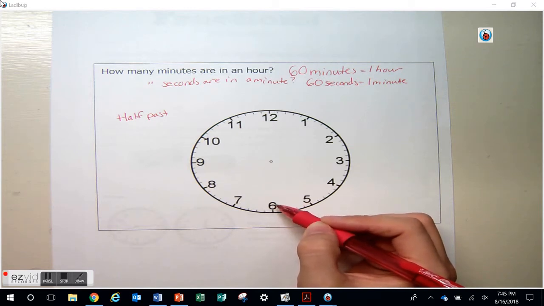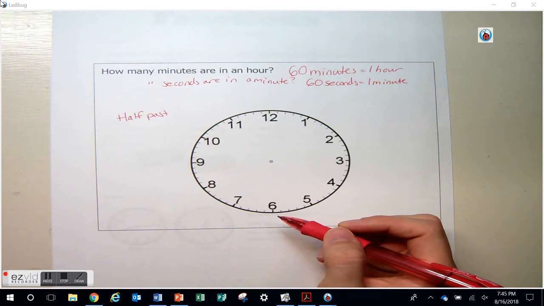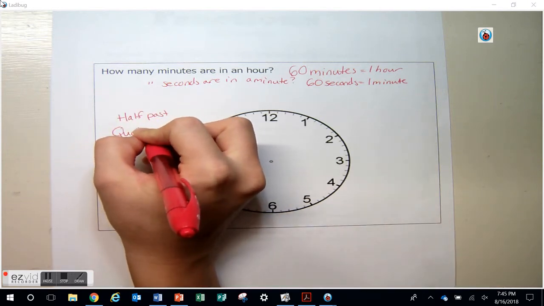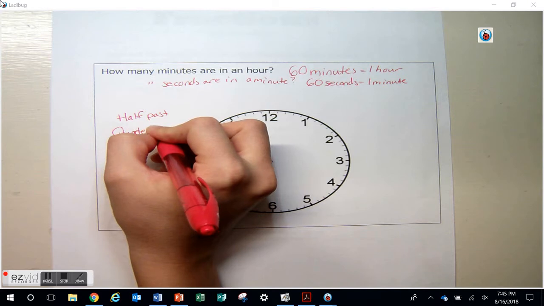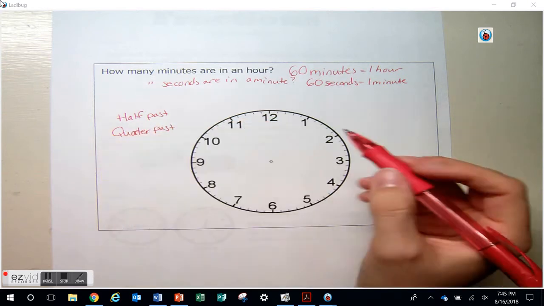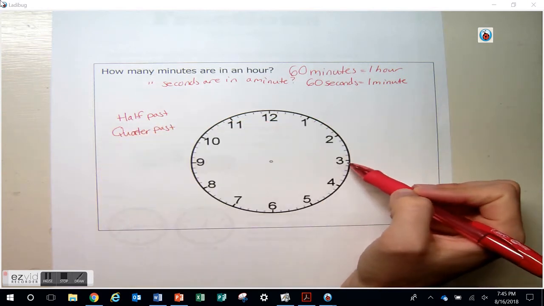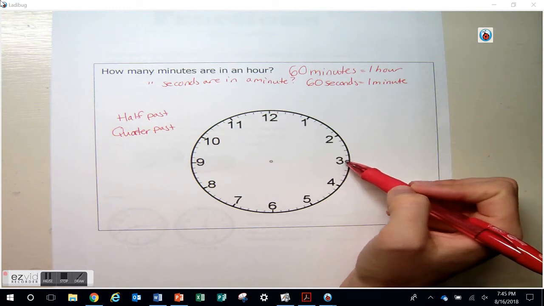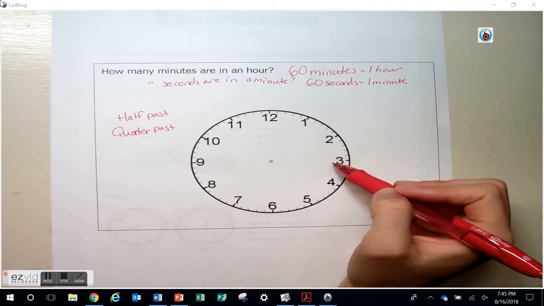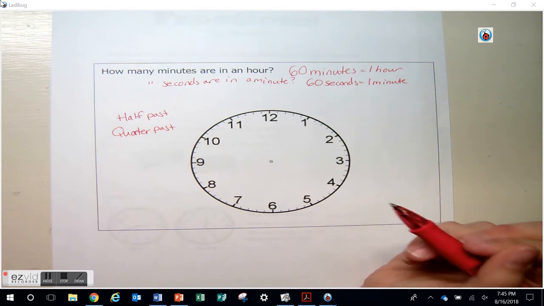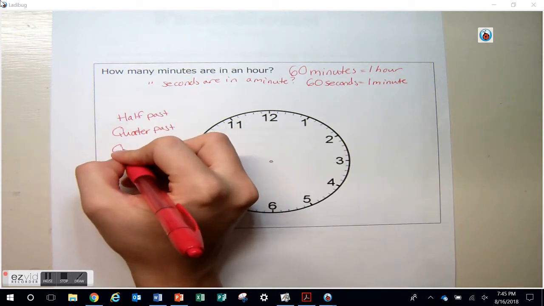It's 1/2 past the hour, meaning it's a half of an hour, so it's the 30-minute mark. Sometimes you'll hear phrases like 1/4 past, and 1/4 past, that minute hand would be on the 3, which means it's 15 minutes, and 15 minutes is a 1/4 of an hour.